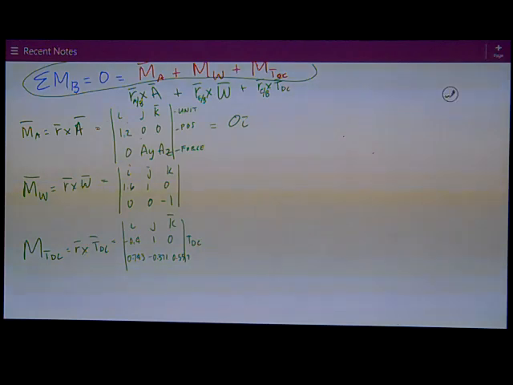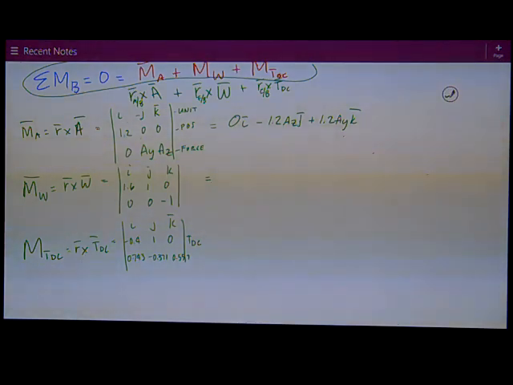What I have here is -j times 1.2 times AZ. So I've got -1.2 AZ in the j direction. And the k is positive k times 1.2 times AY. So I have 1.2 AY in the k.